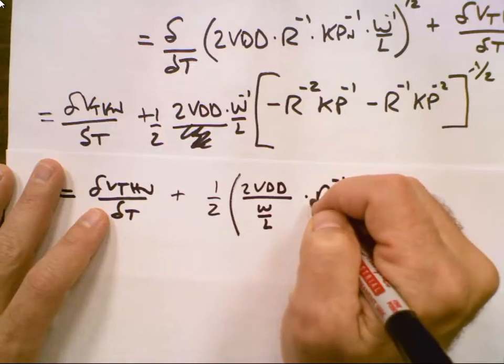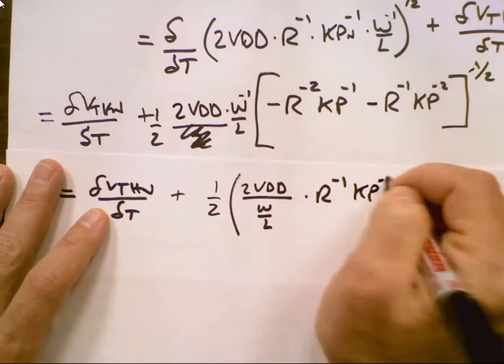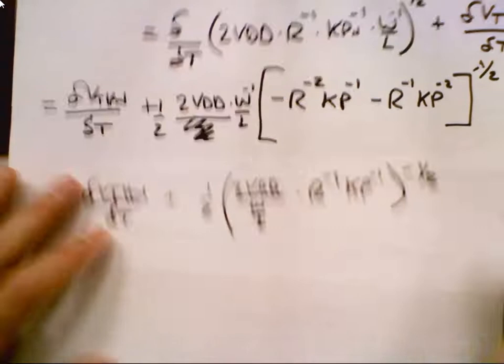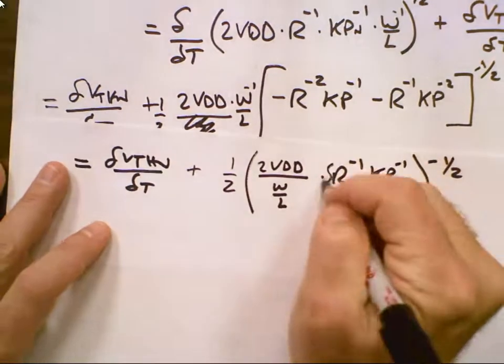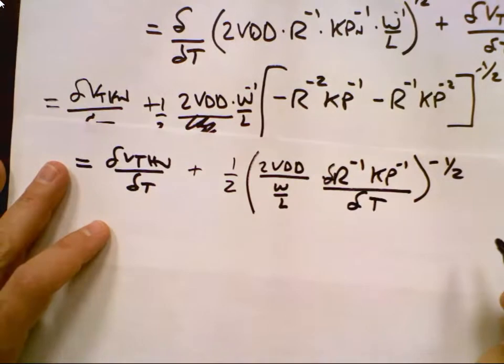The derivative of that times minus 1 Kp to the minus 1 to the minus 1. I know I made a mistake, so hold on. Don't get freaky on me here. And so that's with respect to temperature. Everybody agree with that?